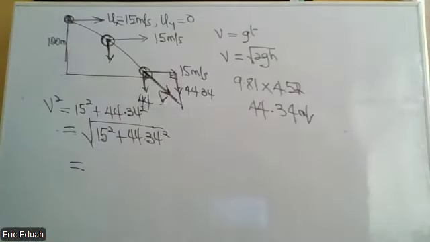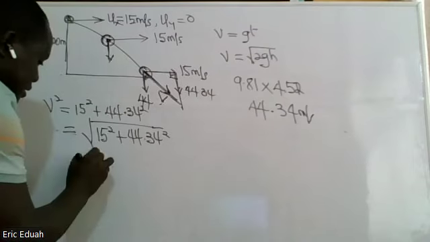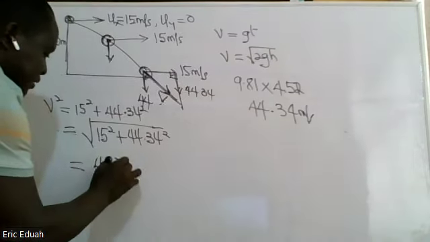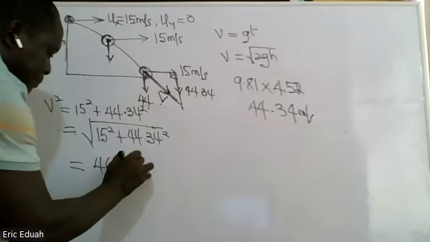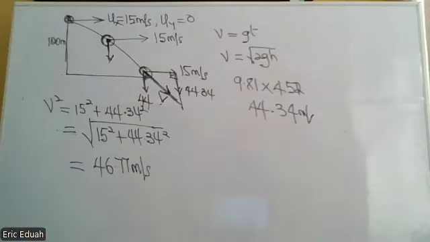Francis, what will be the final answer? It's 46.77, okay, meters per second. So this will be that resultant velocity vector.